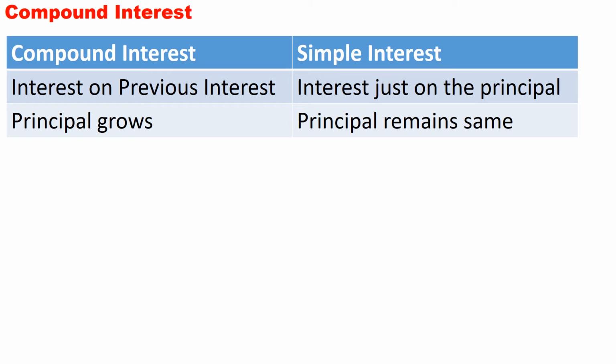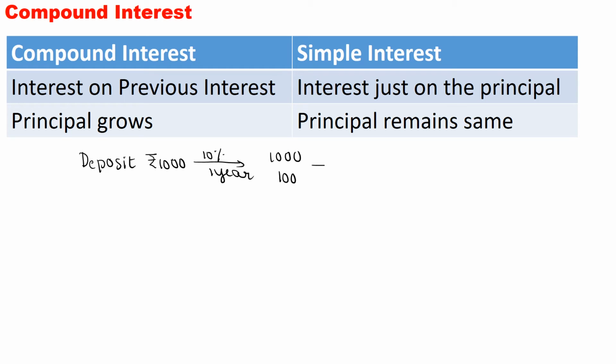Now, when I deposit rupees 1000 at 10% interest for 1 year, 10% of 1000 will be 100.